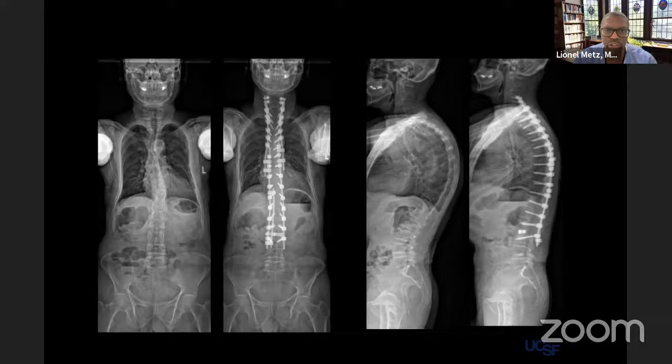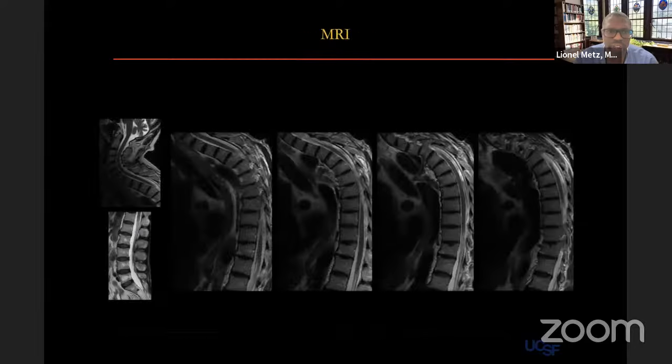And probably in retrospect, I think the proximal failure was predictable. When you look back at his MRI, you can actually see that although the measurement that we quoted was from, I think, T4 to T12 of 84 degrees, he was actually still kyphotic. Probably that top left shows it the best. You can see the upper thoracic spine.